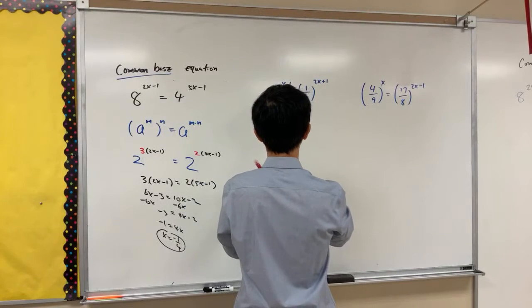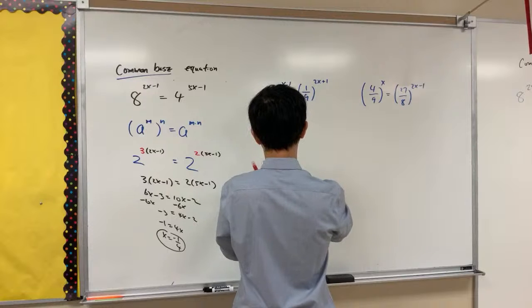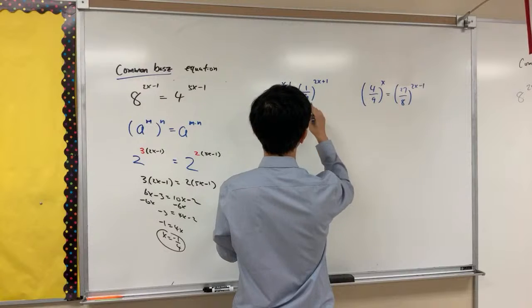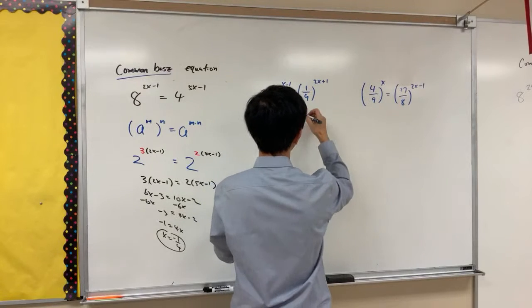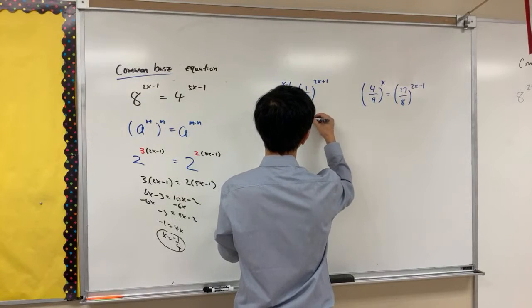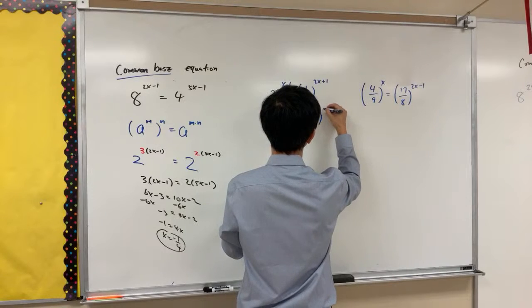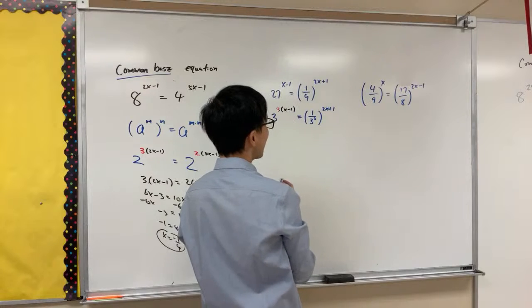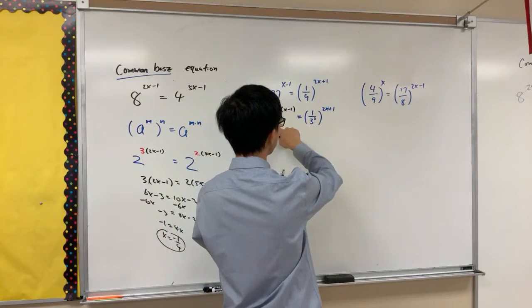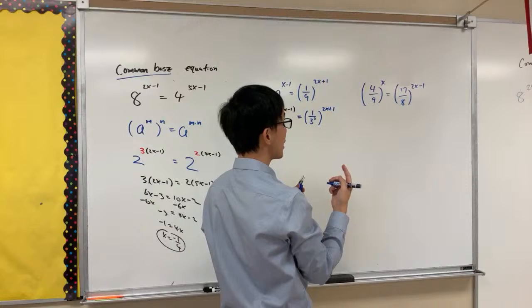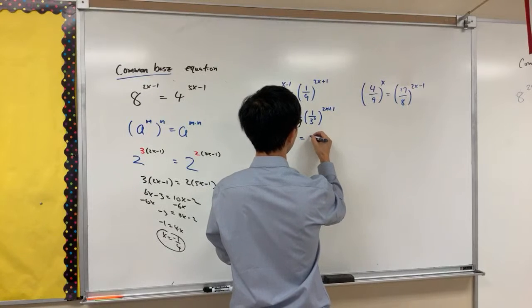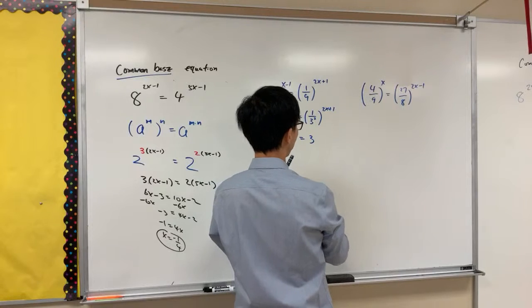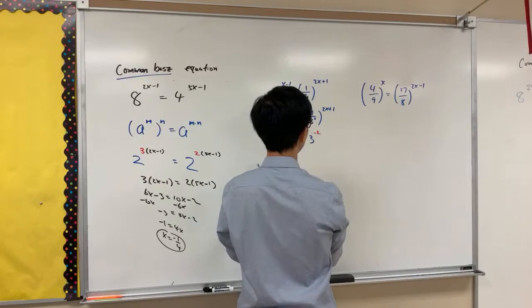Now it's equal to what? Well, this part is equal to 1/9. We're going to change it to 1/3 squared first, to the 2x plus 1. And then 3 and 1/3 are still not the same. So that's equal to 3 to the negative 2 power, due to the exponential rule.